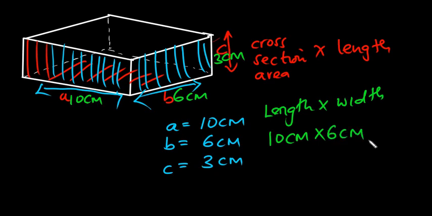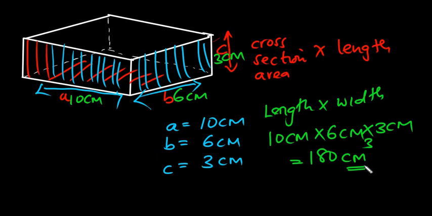So that is the area of the base. And then to get the volume of the cuboid, we multiply by the length, which is 3 centimeters, and this will give us 180 cubic centimeters.